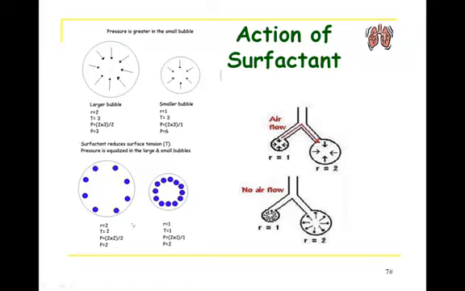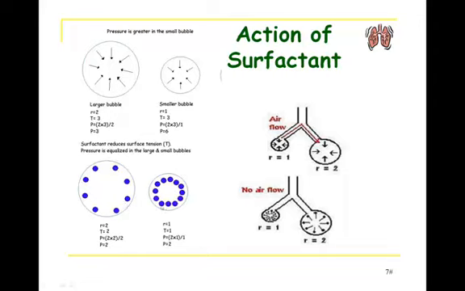Well, what you'll notice if you look down here at the bottom, with having variable surface tensions, is that I am able to have the same distending pressures to keep two different size alveoli open. Because of the presence of surfactant, you actually have variable surface tension. In the larger alveolus, the surface tension is greater than in the smaller.